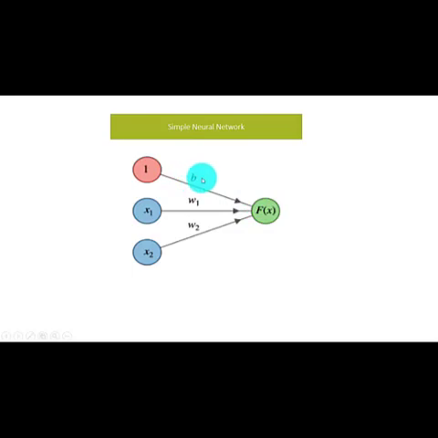Bias plays a very important role in the neural network. x1 and x2 are connected with the output via the connection link weights w1 and w2. Now we will see what is the purpose of the activation function.